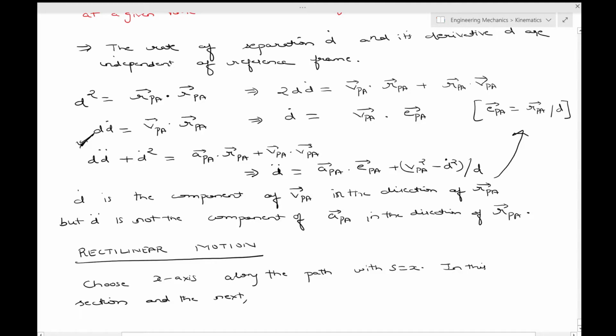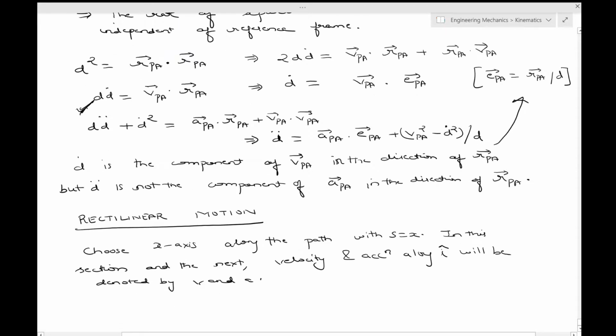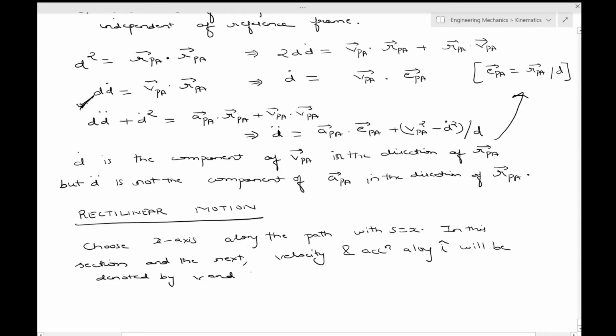So the velocity and acceleration along i hat will be denoted by v and a. Let's see, the position vector is x i hat. The velocity over here, what was velocity?